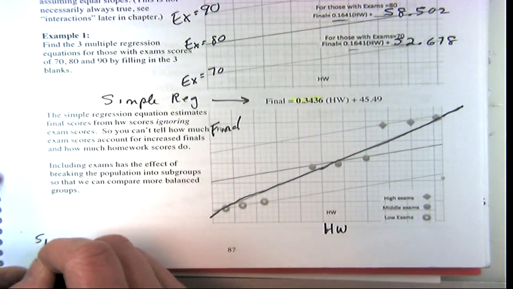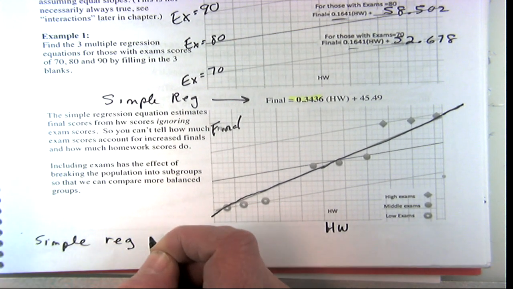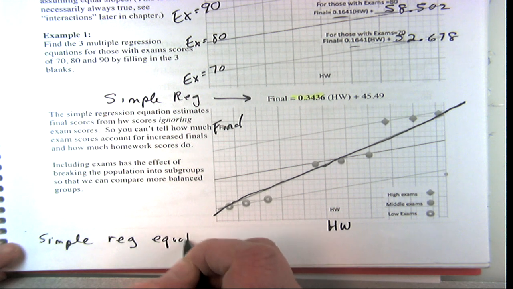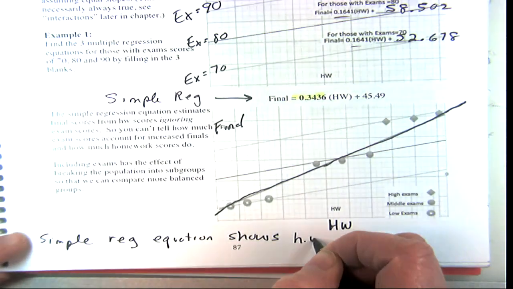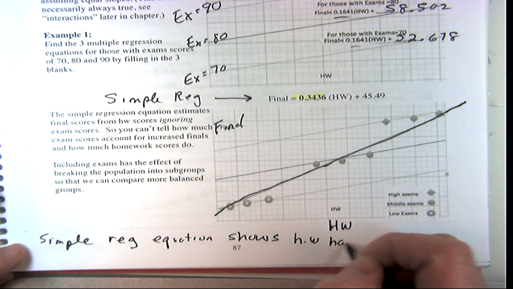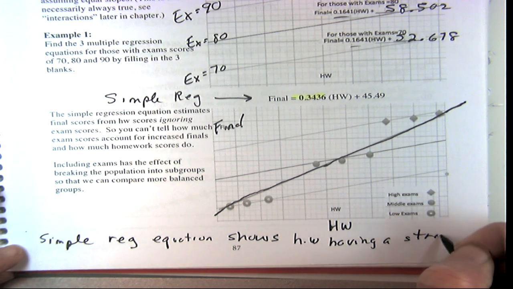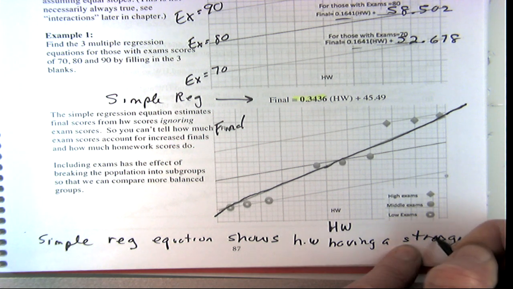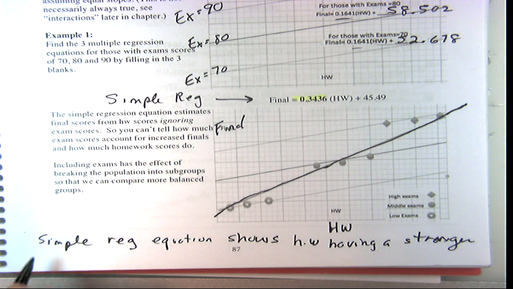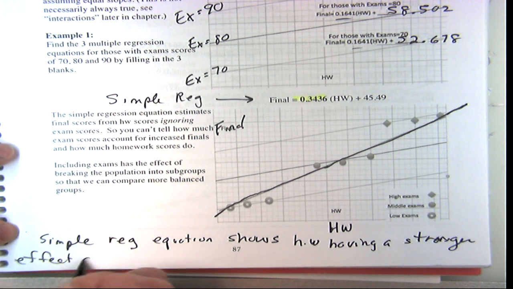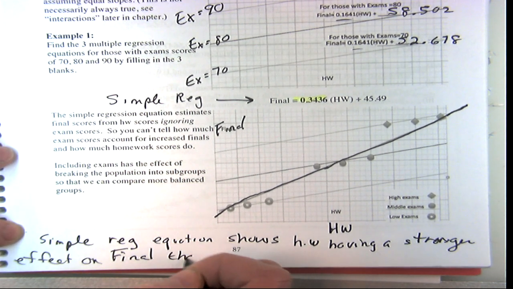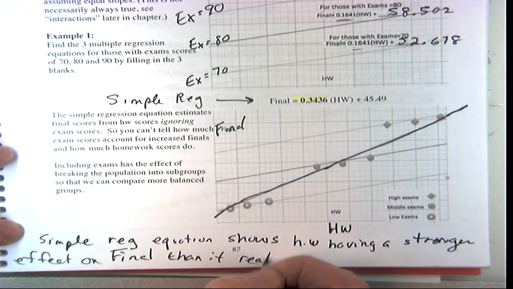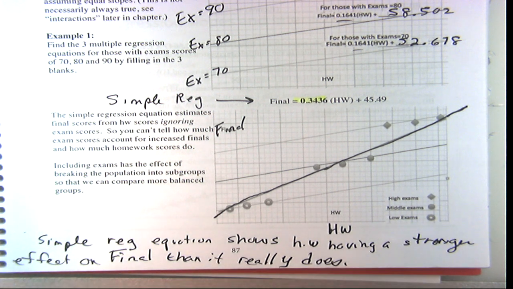So we should say that maybe the simple regression equation shows homework having a stronger effect on final than it really does.